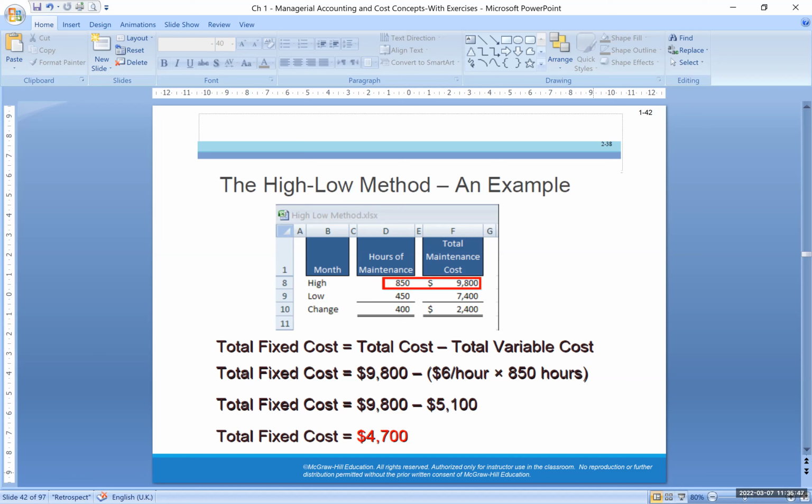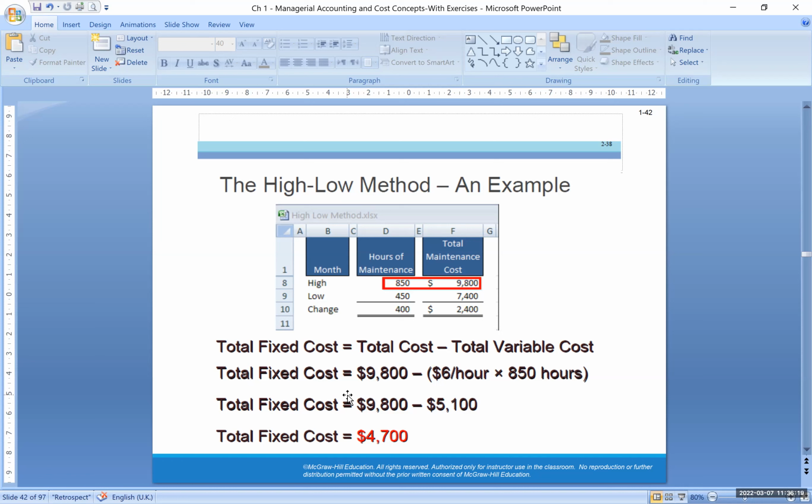And then we will say y equals a plus bx. Okay, I'm reminding you about the original equation. Y is equal to the total cost, a is equal to the fixed cost, and the bx, b times x, equals the total variable cost. Now, apply this equation to the highest level. The total cost will be 9,800.